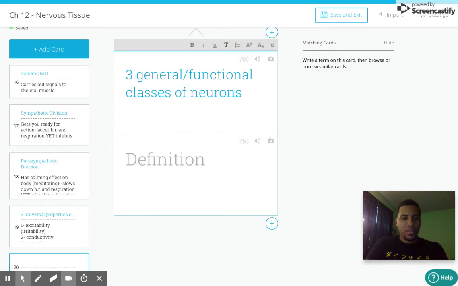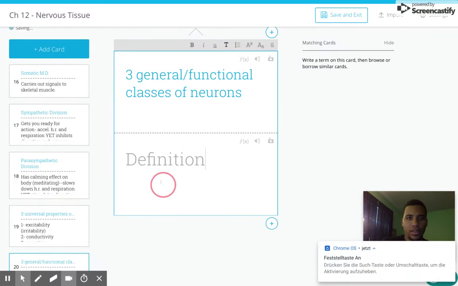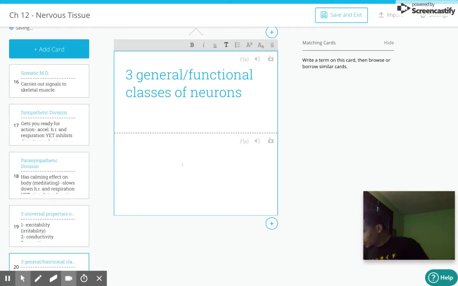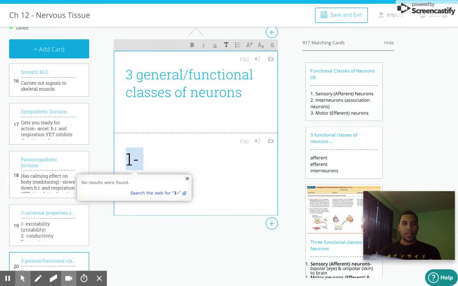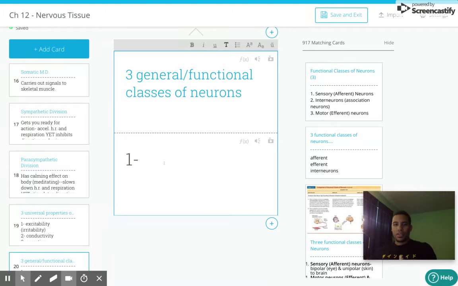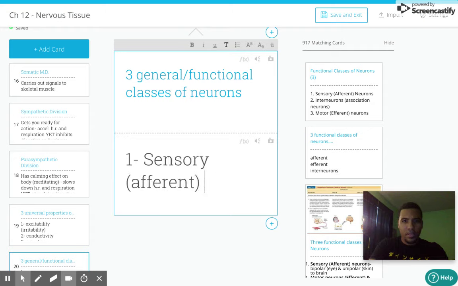We've actually been talking about this a lot already. Number 1, sensory or afferent neurons.